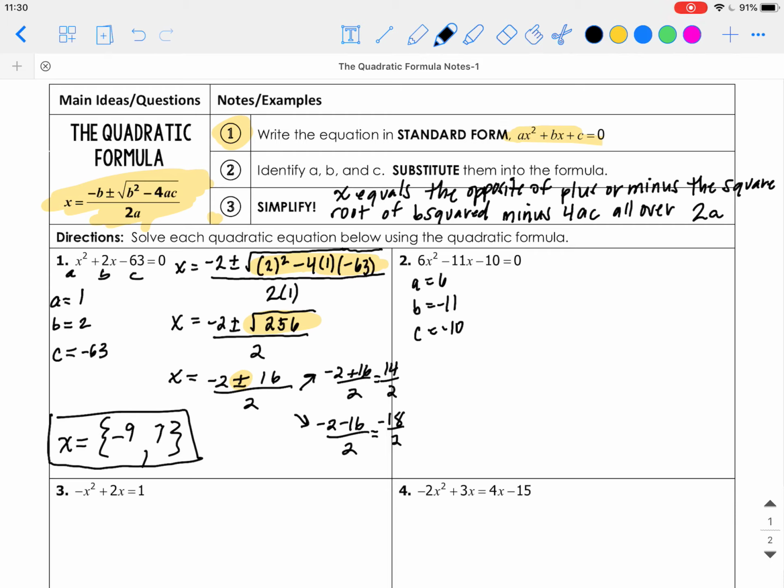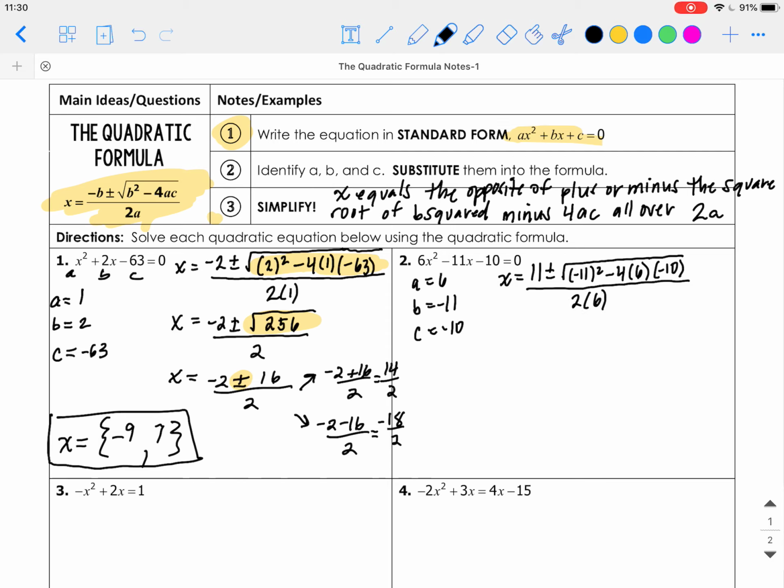So I labeled my A, B, and C, so I'm going to go ahead and plug into my formula. So I have x equals the opposite of B, so the opposite of negative 11 is 11, plus or minus the square root of B squared, so that's negative 11 squared, minus 4 times A, which is 6, times C, which is negative 10, all over 2A, which is 6.